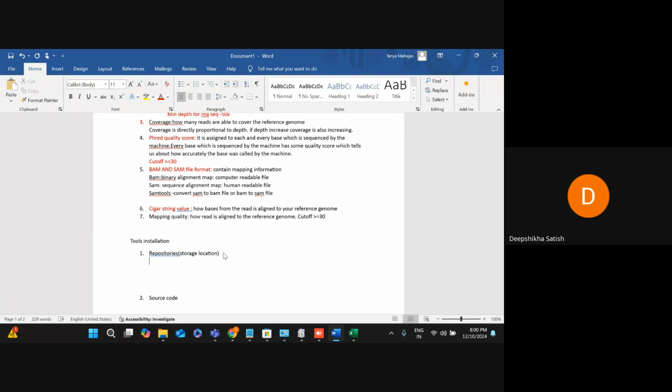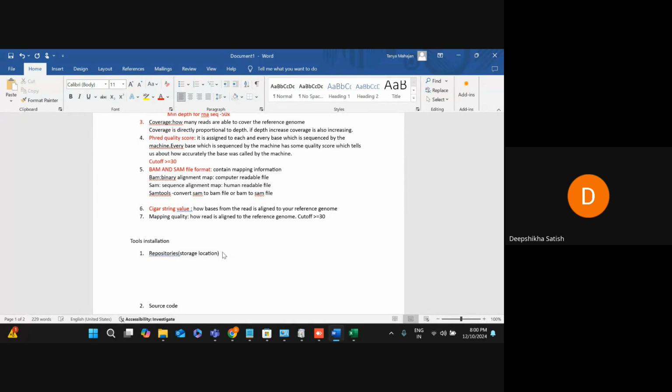Yes, GitHub is what the source code method is. So this repository means the storage location. That means the tool which is already there in your Ubuntu storage. In the Ubuntu repository, that is what we are going to install.